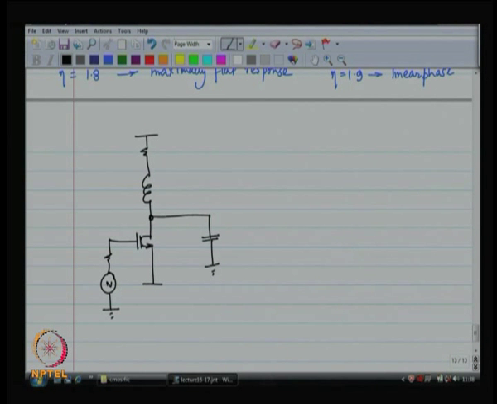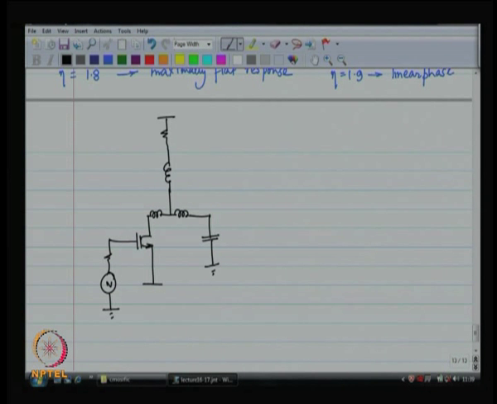Now, can I do even better than this? Turns out that you can do even better than this if you put an inductor over here and basically resonate out the capacitor. You can do even better than that when you put an inductor over there.